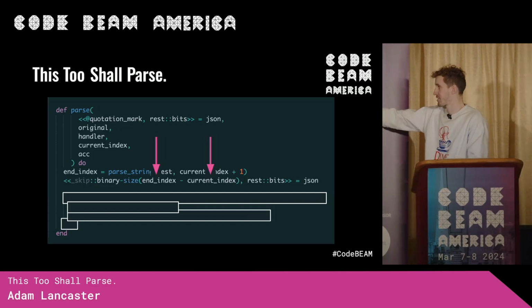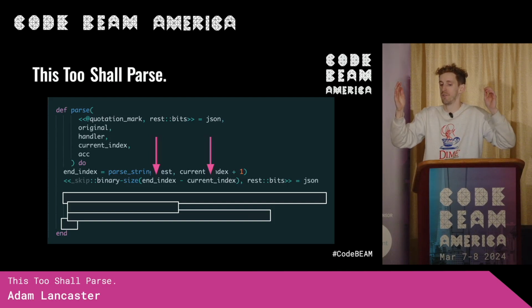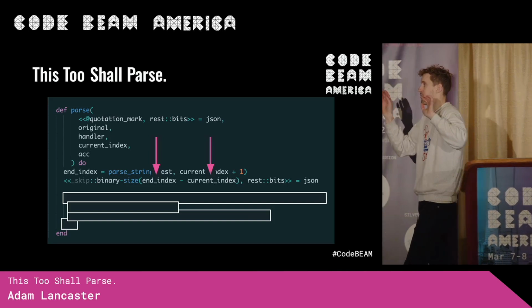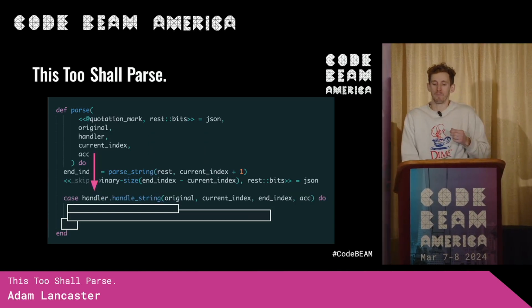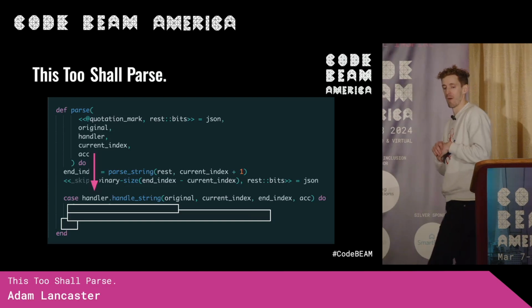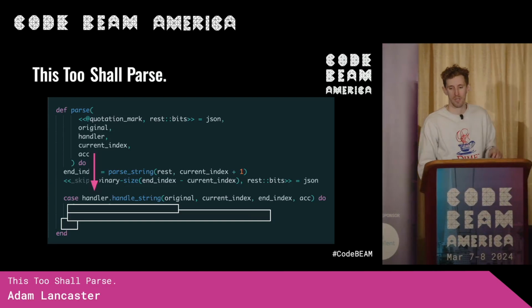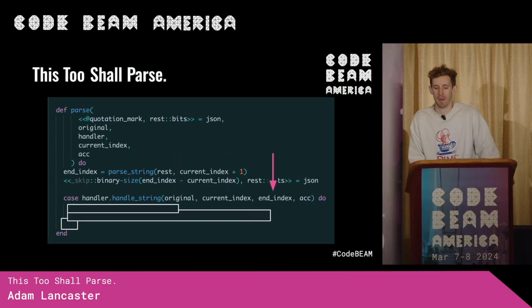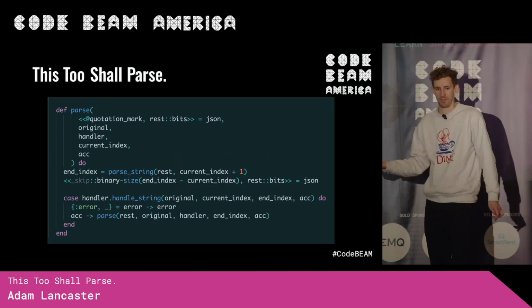So what this effectively does here is skips over the string that we just passed, because we're done with it. Now we have the end index. We can call our handler, passing in the current index and the end index, and the accumulator as we expect, and pattern match. If there's an error, then we error. Otherwise, we continue with the rest of the parsing.